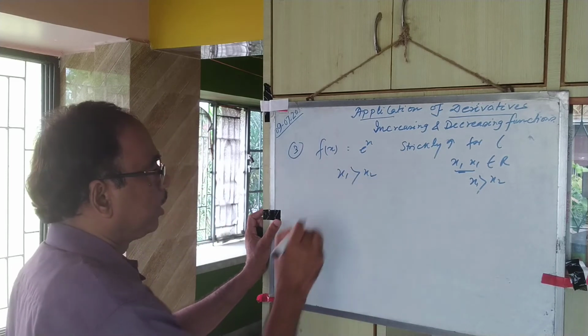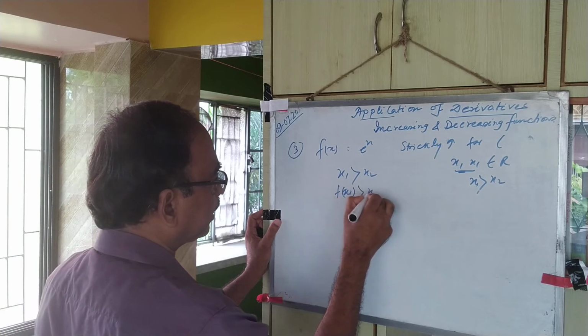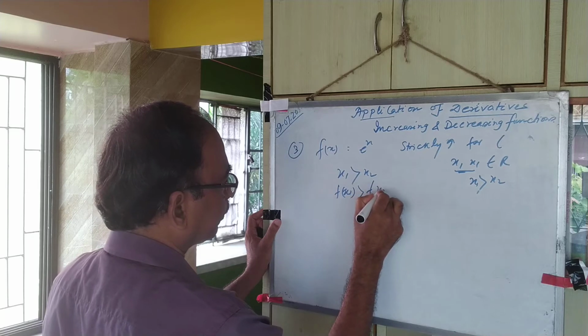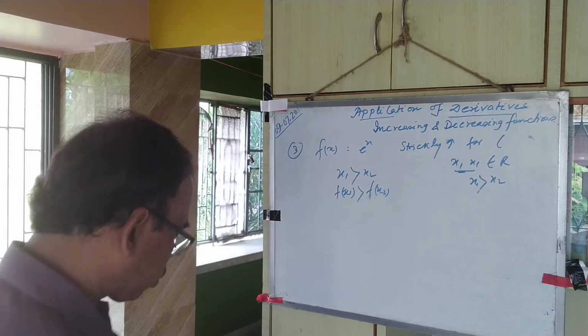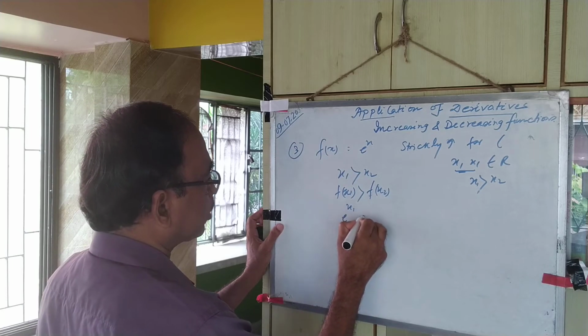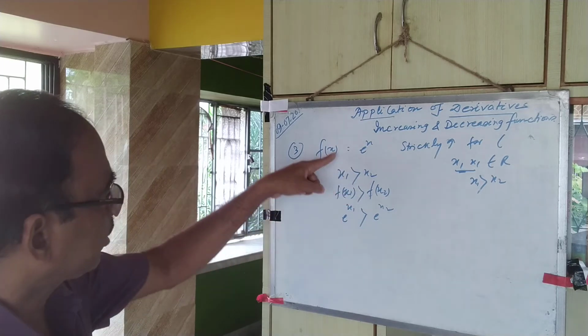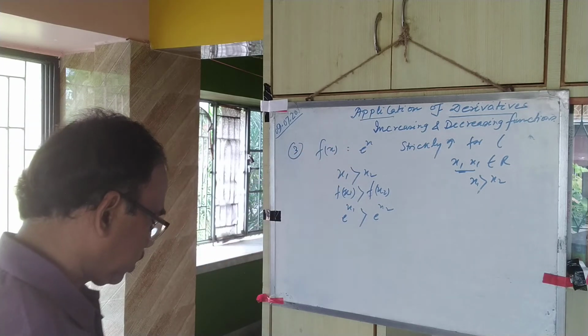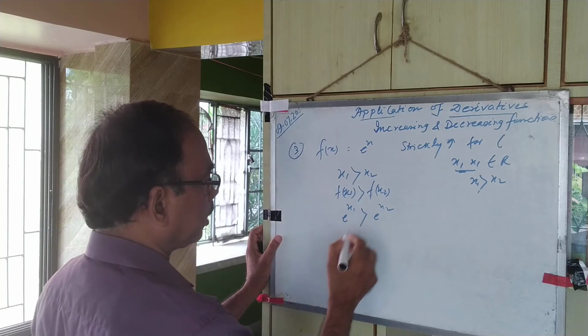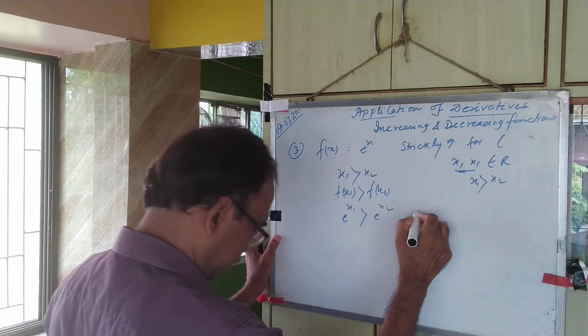We can say x1 greater than x2 is given, so f(x1) should be greater than f(x2). Now e to the power x1 is greater than e to the power x2. Therefore, the condition is satisfied.